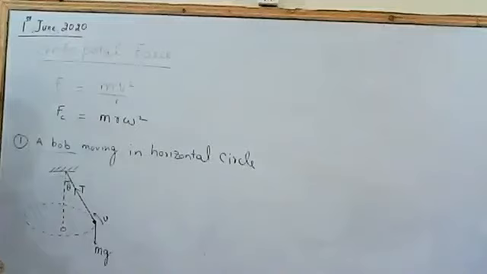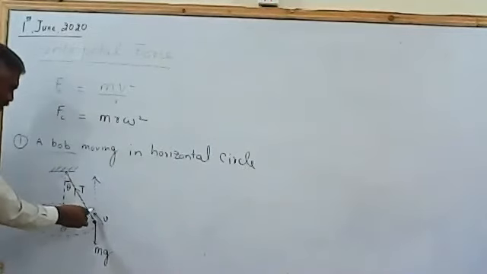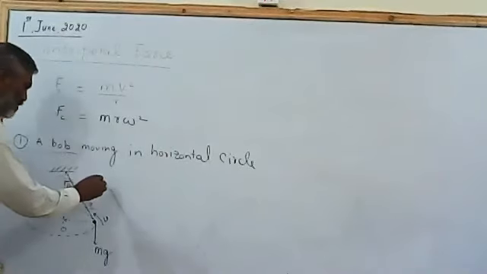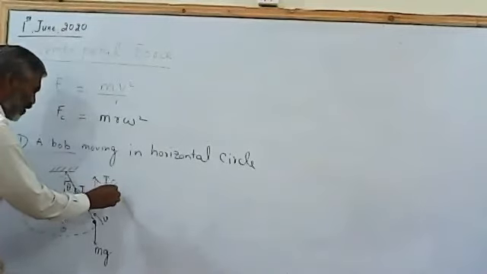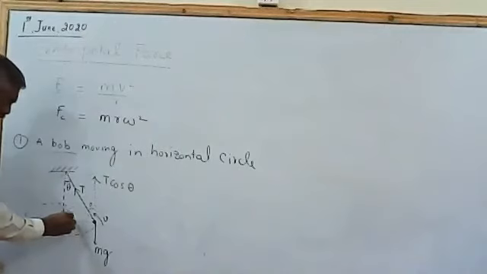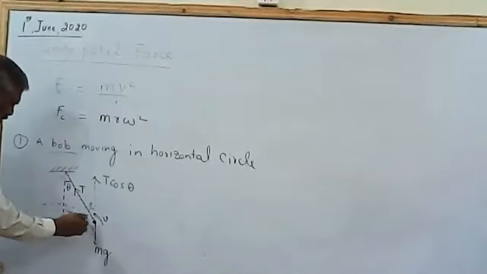One component is along the vertical, which we can show here, and the other is along the horizontal that we can show along this line. Since this is the angle theta, we expect the same angle theta here. So a careful analysis reveals that this must be T cos theta and this must be T sin theta.